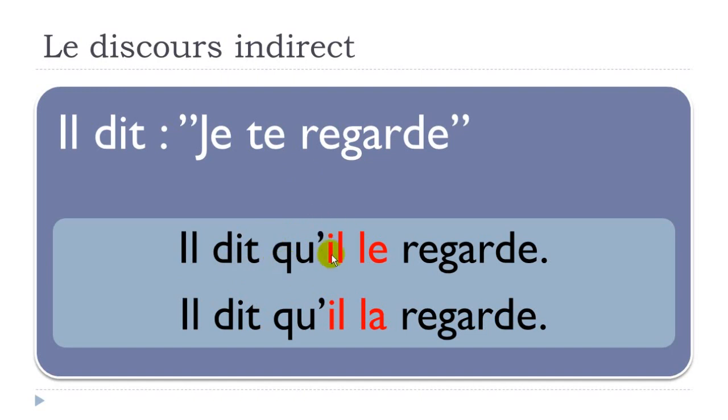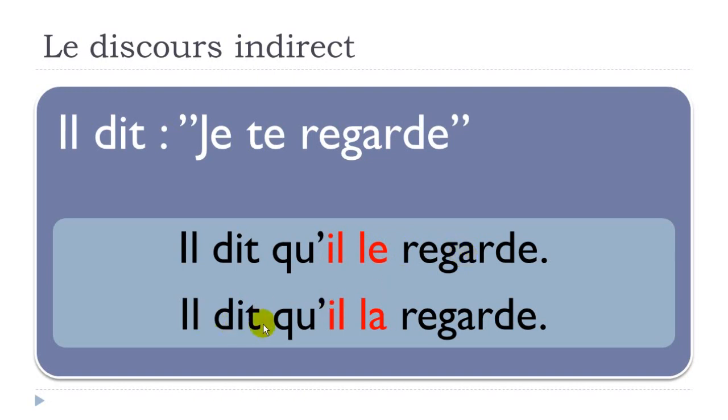Okay, so this il is the je that you modify according to il here. So it must be the same. And then it can be le if the person is masculine. So if he is looking at another person who is a man or a boy, in that case it should be le. Il le regarde.